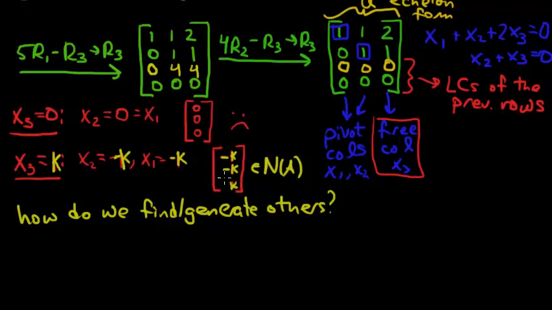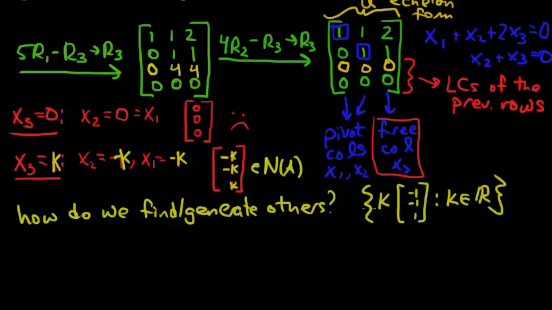So what we can say from that is that the null space is the set of all scalar multiples of our original vector, minus 1, minus 1, 1, and there's nothing specific about k other than the fact that it was a real valued scalar.